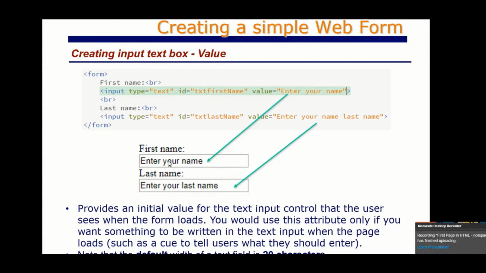And how are you gonna get this data? You're gonna get this data because you specify an ID. So all the text inputs in this program are gonna have an ID in order to help us identify this element in your web page. So later you can use, for example, a method getElementById.